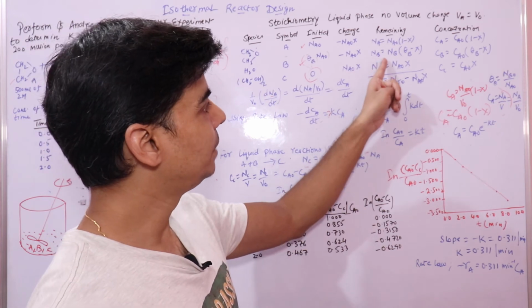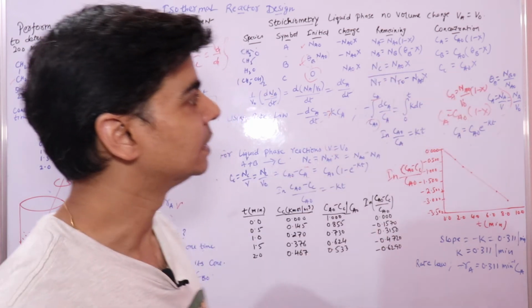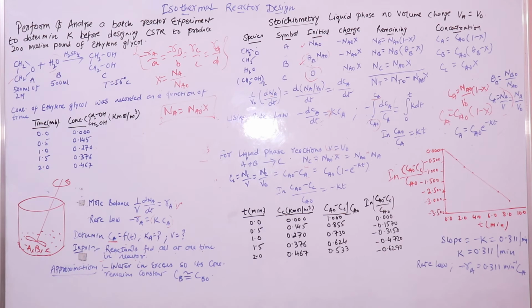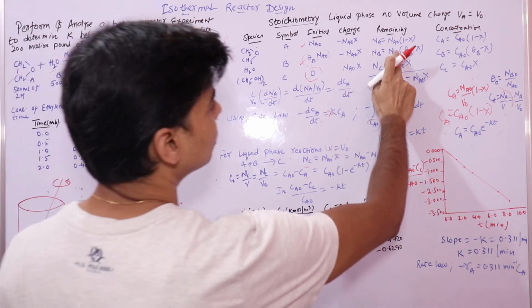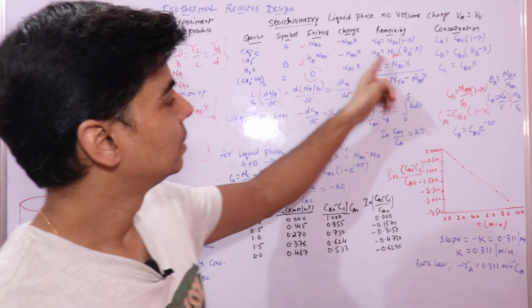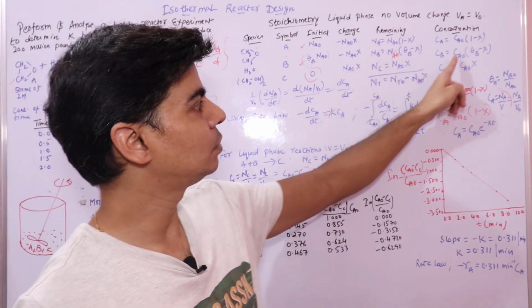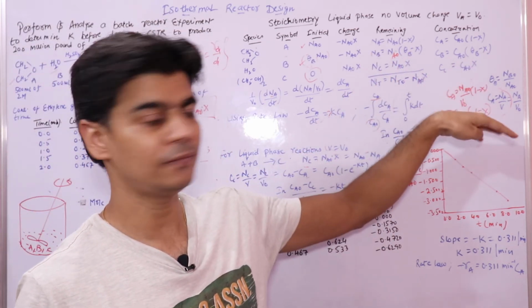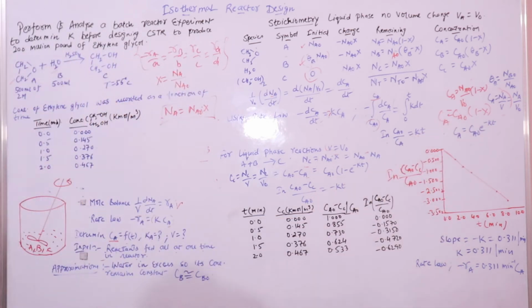Similarly, for Nb you will get this. For this, it is not Nb, it is Na0, so you again divide with V0, you will get this. So this is how we have derived concentration terms.